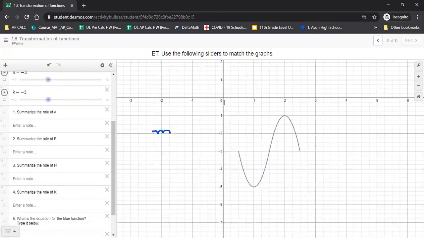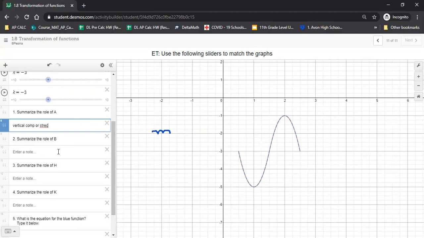Okay, I'm going to go ahead and say them for you. What happens with A? According to this, A is my amplitude, pretty much my vertical stretches. It is a vertical compression or stretch.